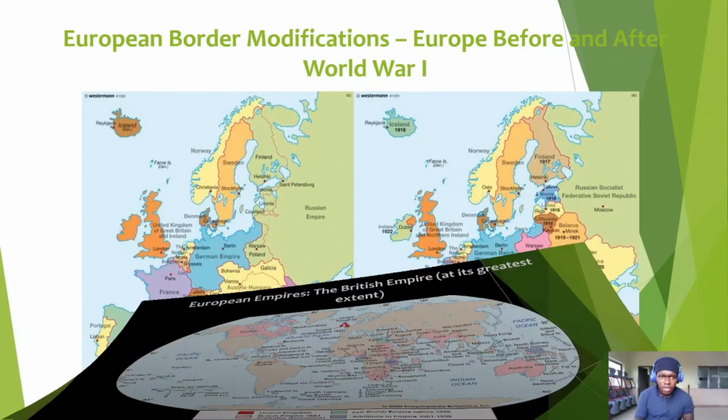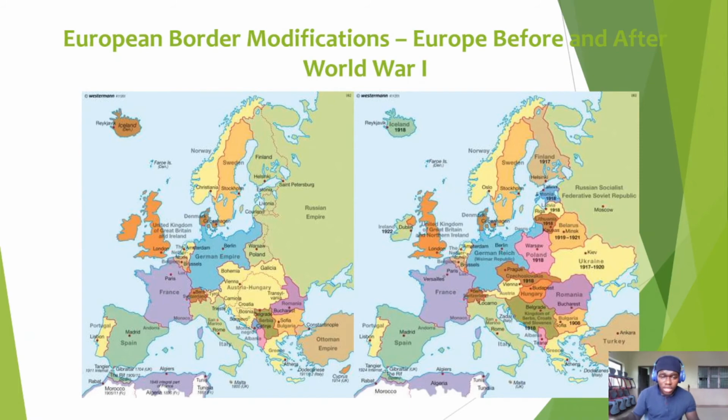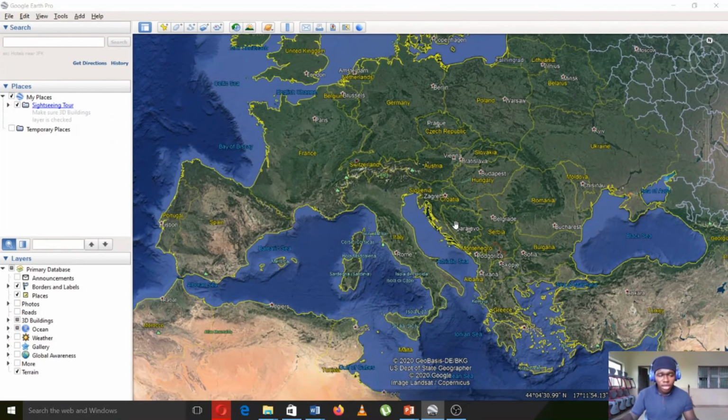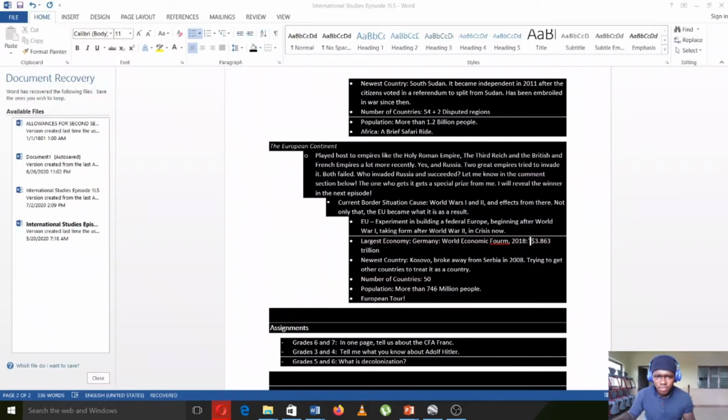See what we have here. So at this point, we'll look at how they ended up. So yes, the European continent played host to empires like the Third Reich, British, French empires, and the large, yes, of course, Russia is in Europe.